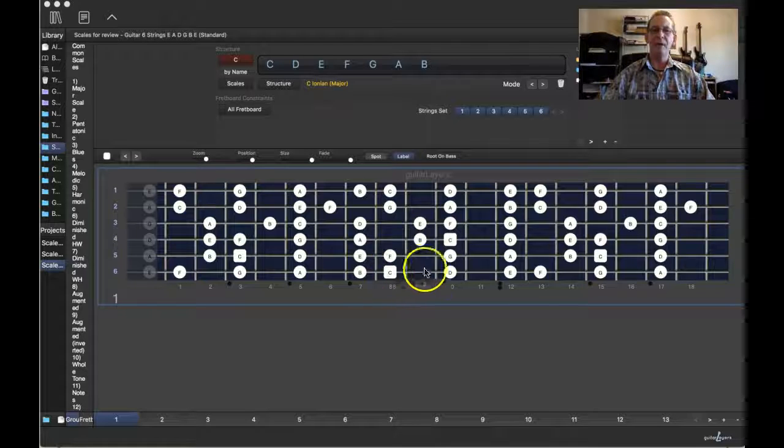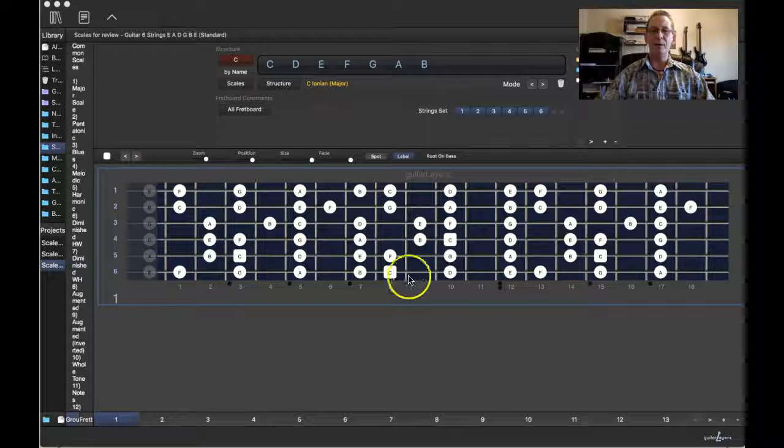Because you go C, D, E, F, G, A, B, C, D, E, F, G, A, B, C, D, and E. This is going back to the root here. There's a couple other notes above it. So you have this pattern right here that is basically that Ionian mode.